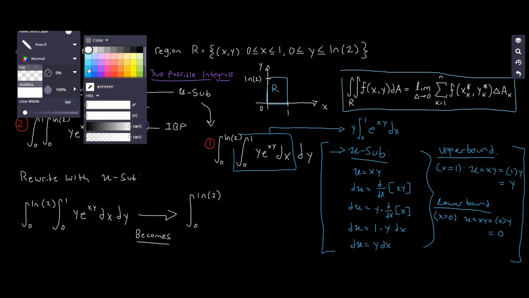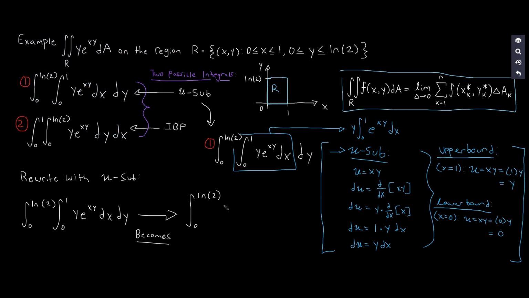We'll do this in blue because we wrote out our u substitution in blue. So earlier I said we wanted to factor out that y. We actually don't want to factor out that y because we need it: the y is in the integrand and that equals du.